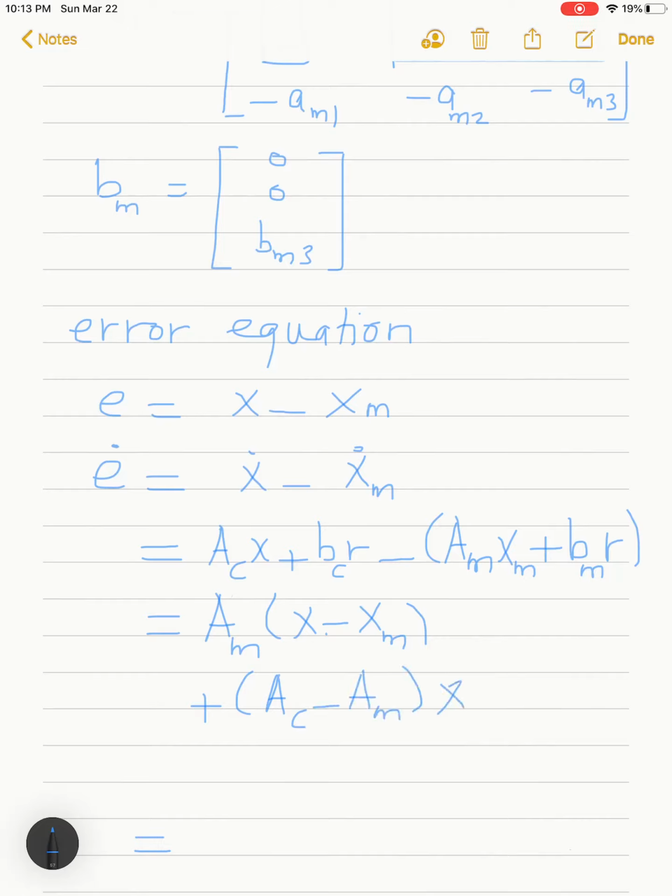So the term minus AM times x would actually cancel the added term AM times x that appeared in the first line.